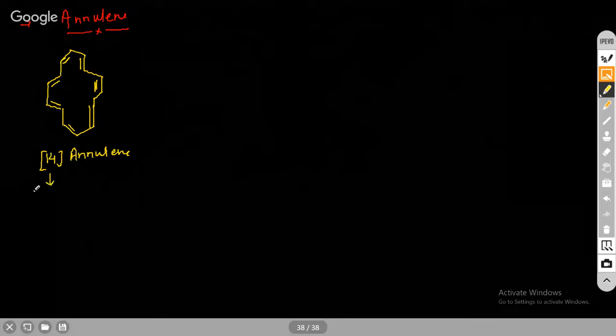This number 14 represents the number of carbon atoms present. So 1, 2, 3, 4, 5, 6, 7. 7 pi bonds, 14 pi electrons, the compound is aromatic.